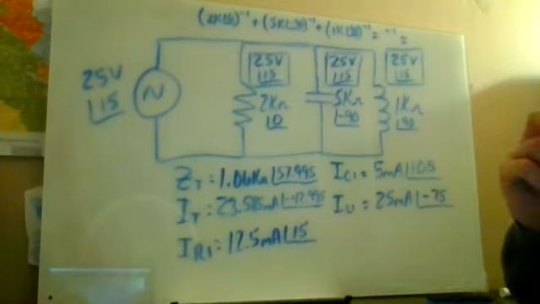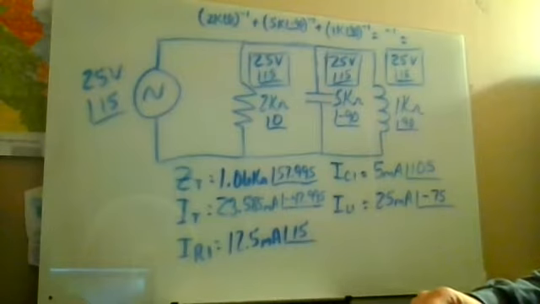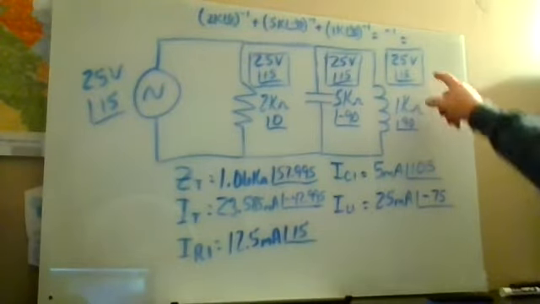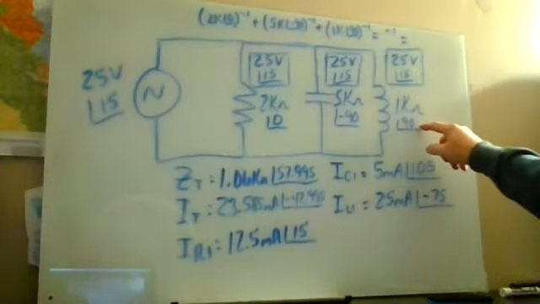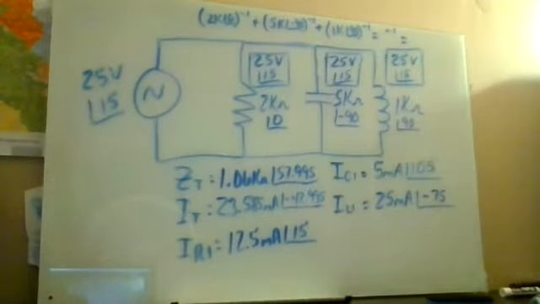So one easy way to tell, when you divide these, it's going to be basically 15 minus 90 for your angle. If you multiply them, you're basically adding angles together.